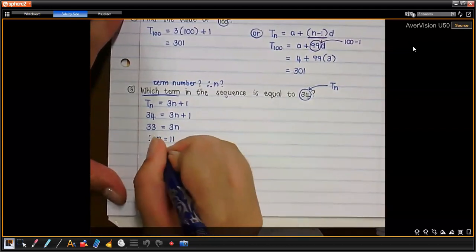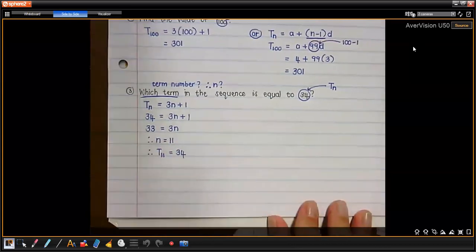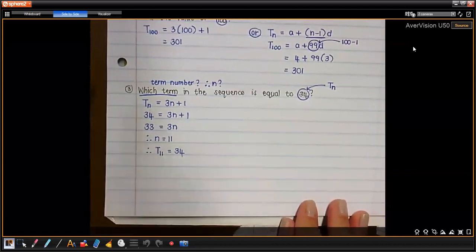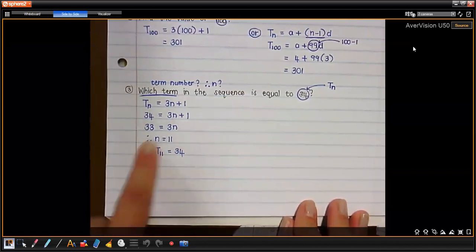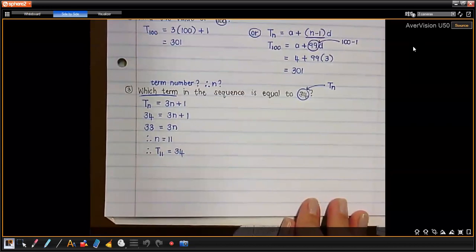That means that the 11th term is 34. Right? That's what they were actually asking. Which term in the sequence is equal to 34? The 11th term. Okay, but you can leave your answer like this. You'll get 2 marks up until this point, but just write that down. I think you did questions like all 3 of these last year, right?